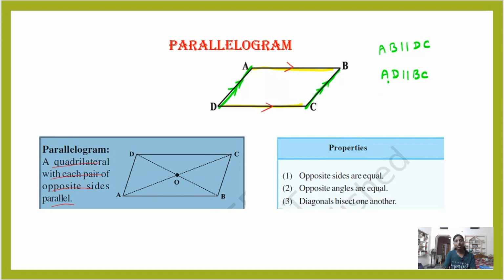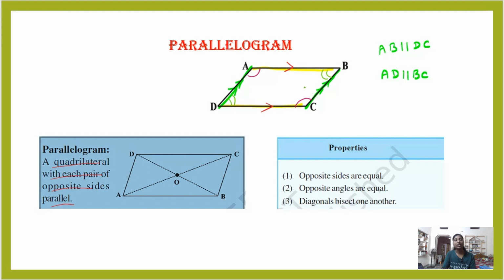Now what are the properties? Before we discuss the properties, we should know some more elements of a parallelogram. Opposite sides, you understood. Now what are the opposite angles? Here angle A and angle C are opposite angles, and angle D and angle B are opposite angles.